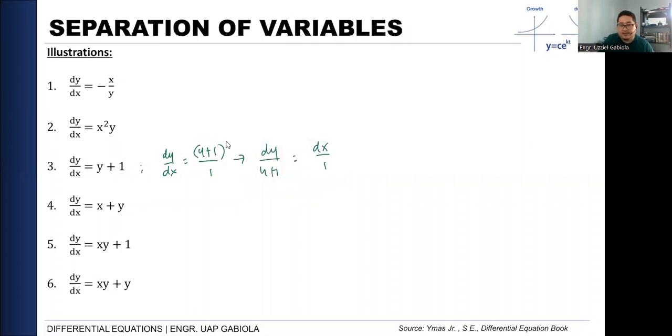So ibig sabihin sa number 3, separable din siya. And mapapansin na dito, yung integral niya will be the same nung kanina kasi y plus 1, hindi natin pwede i-reverse. Or the exponent will be -1, so that will be ln also. Okay? About number 4. Separable or not separable?